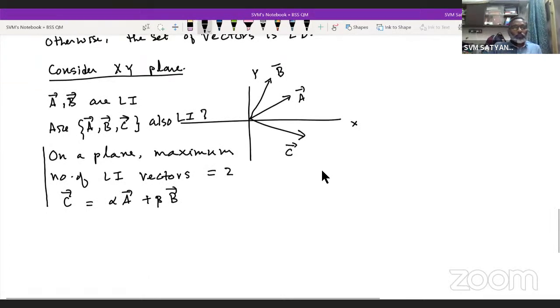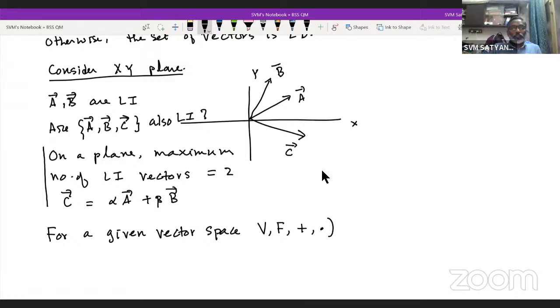Okay. So for a given vector space V, even though sometimes I write just V, we should understand that when I say V, it has this F defined, plus defined, and this entire algebraic structure.